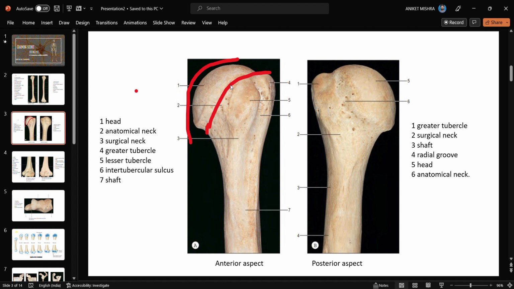There is another landmark known as the surgical neck. The surgical neck is present in this fashion. From this point the bone becomes straight.